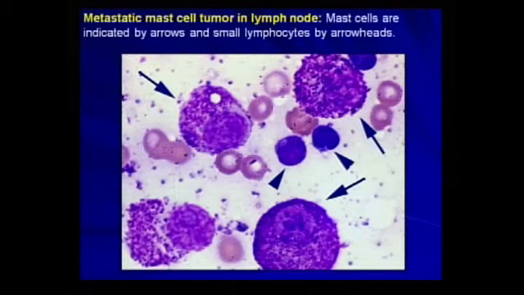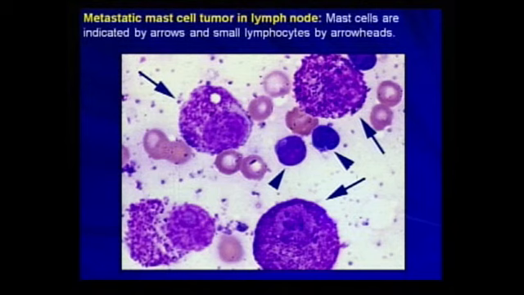This is something that we get from time to time, and usually it follows a previous diagnosis of mast cell tumor. And when you look in the aspirate, you will see clusters of mast cells. You can see 2 to 3 clusters of mast cells within a normal lymph node.